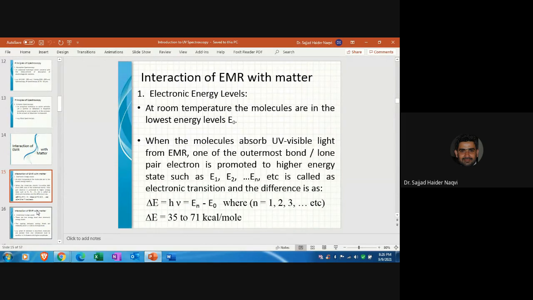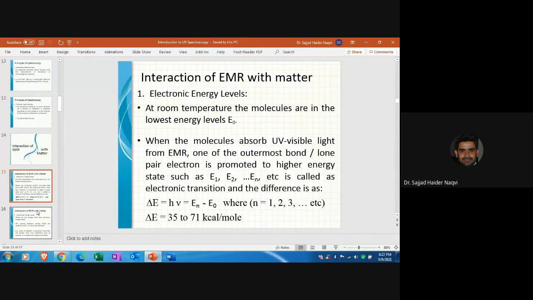Now, when you pass electromagnetic radiation through the matter, the radiation definitely has energy in it. So when the molecules interact with this electromagnetic radiation, they absorb some of the radiation, either UV, visible, or IR.